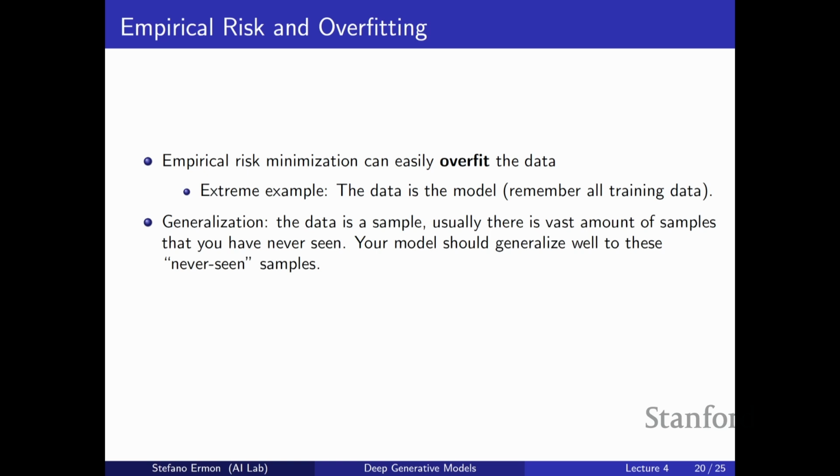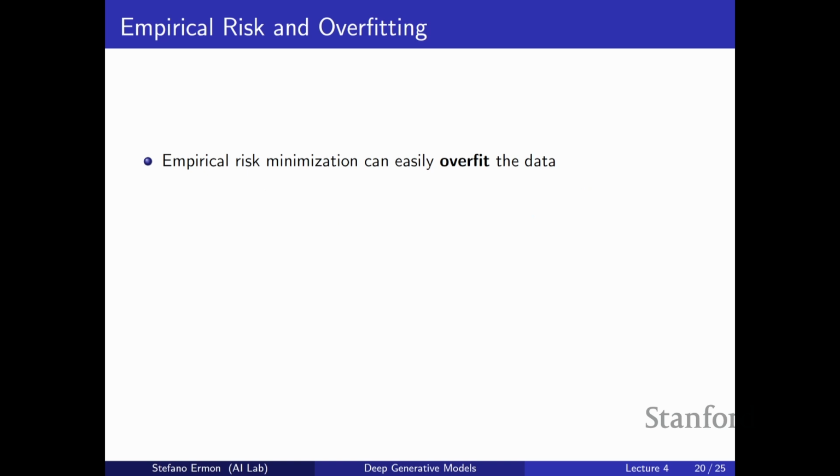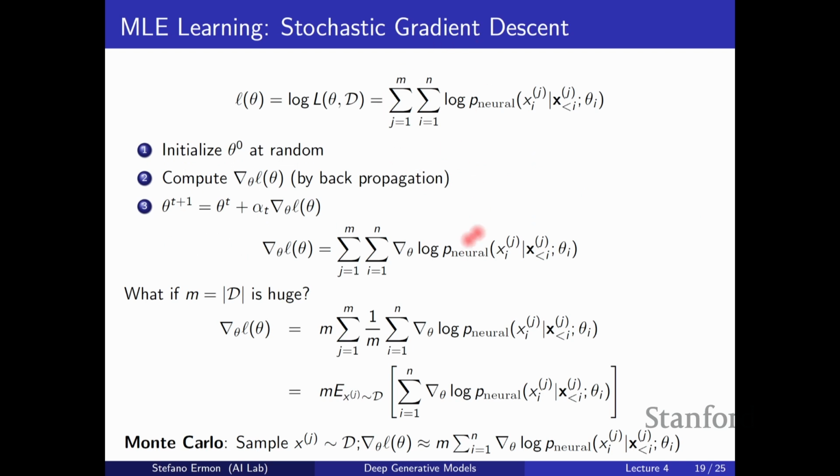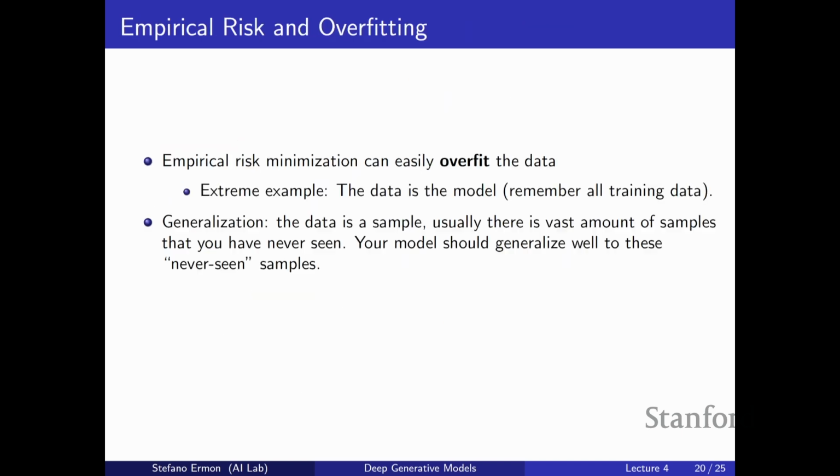We care about performance on unseen samples that come from the same distribution as the one we've used for training. The same problems that we've seen when you train a machine learning model apply here. Blindly minimizing this loss might not do what we want, because you can do very well on the training set, but you might not be doing well in general. You might not be generalizing.